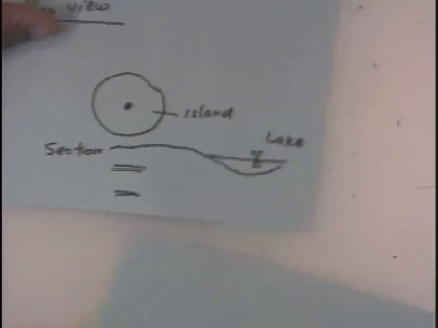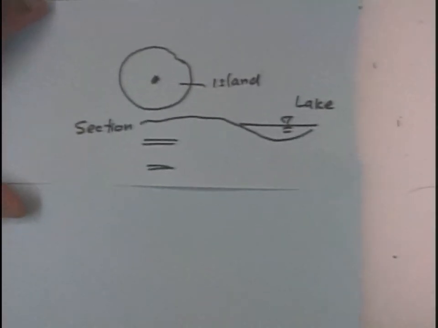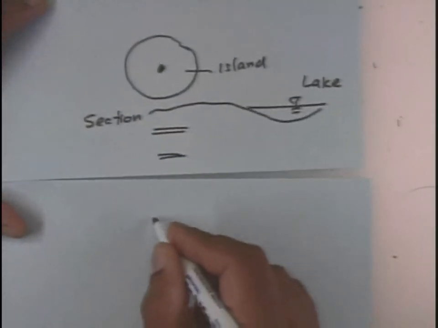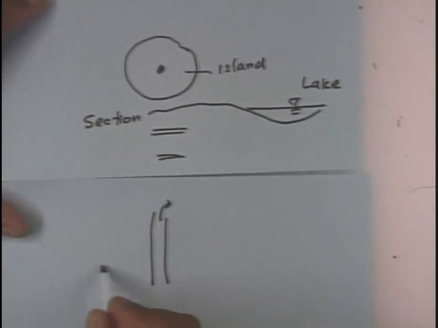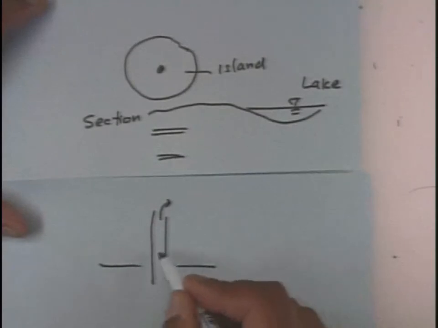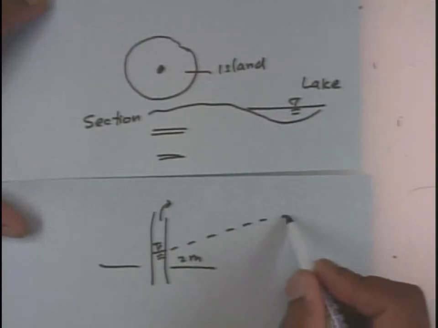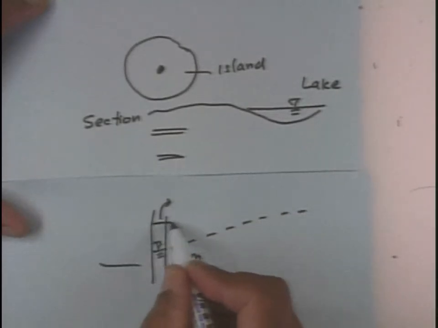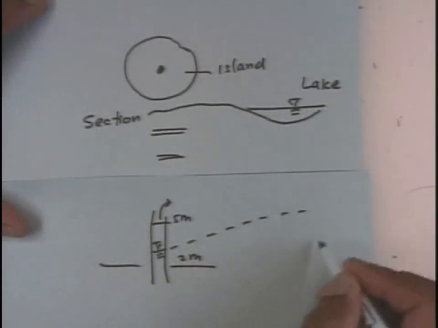In terms of conceptual model, here's a well pumping from this aquifer, and the head here is 2 meter, and it's going to go back. Oh, sorry, this is at the lake.